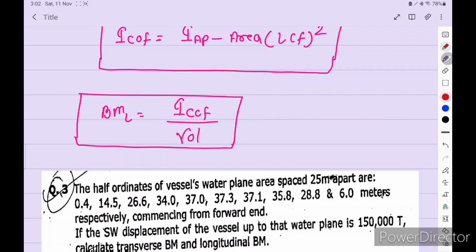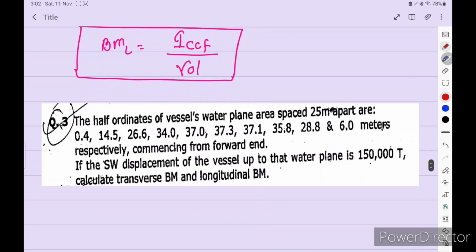Okay, so our first question: the half ordinates of the vessel's water plane area, spaced 25 meters apart, are 0.4, 14.5, 26.6, 34.0, 37, 37.3, 37.1, 35.8, 28.8 and 6 meters respectively, commencing from the forward end.